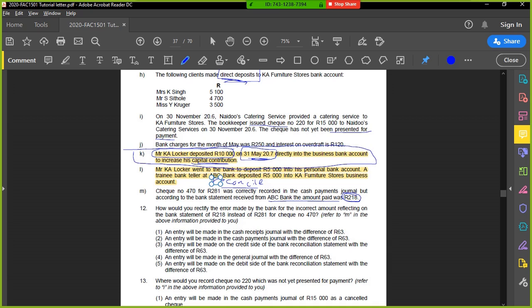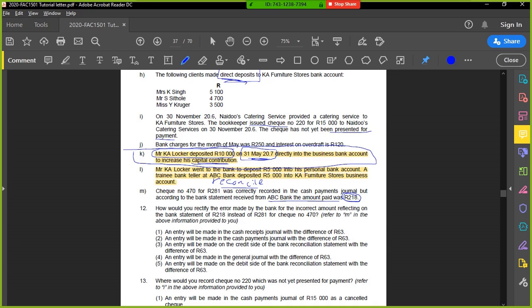Mr. K. Locker deposited 10,000 directly into the business bank account. Okay, I think this is the consideration. If it was deposited in the bank account, it was processed. I'm making an assumption. I'm assuming this is outstanding. And I think that's incorrect because it says here that he deposited the money, full stop. They didn't say anything about this being outstanding.